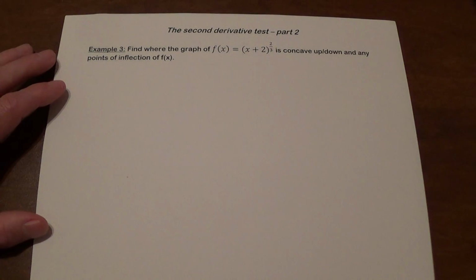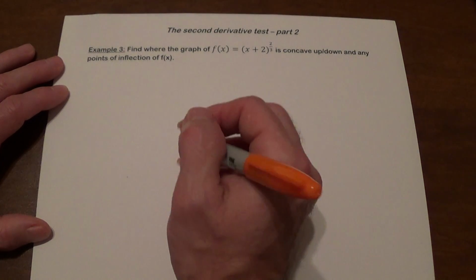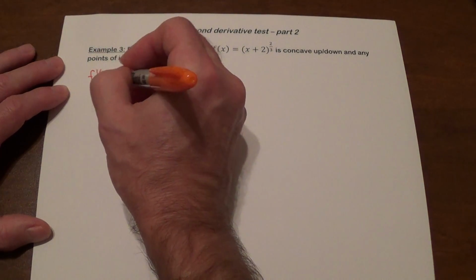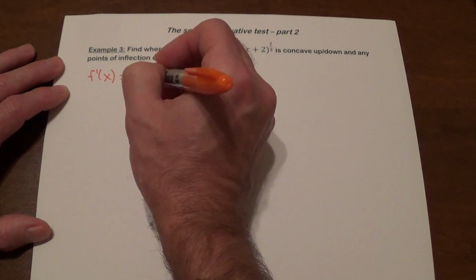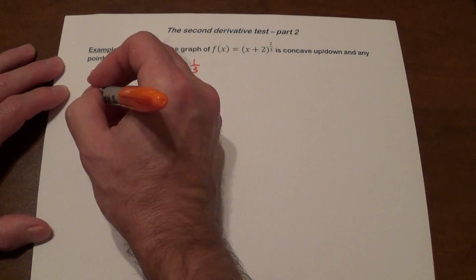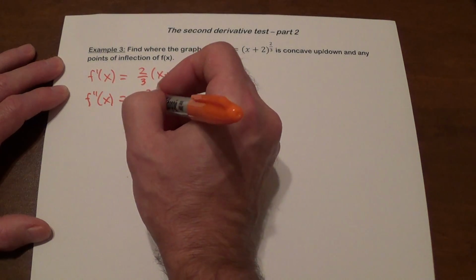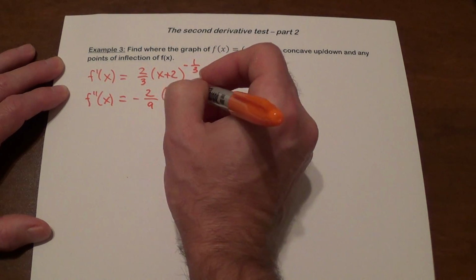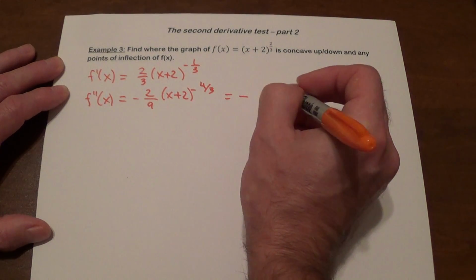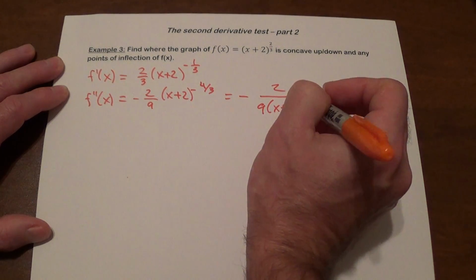So I have this function, x plus 2 to the power of 2/3. Okay, let's go ahead and take the derivatives first. f prime of x is 2/3 times x plus 2 to the power of negative 1/3. f double prime of x will be negative 2/9 times x plus 2 to the power of negative 4/3, which is negative 2 over 9 times x plus 2 to the power of 4/3.